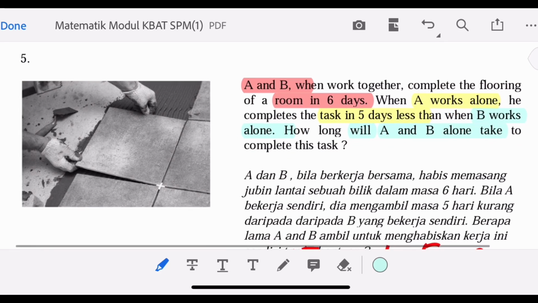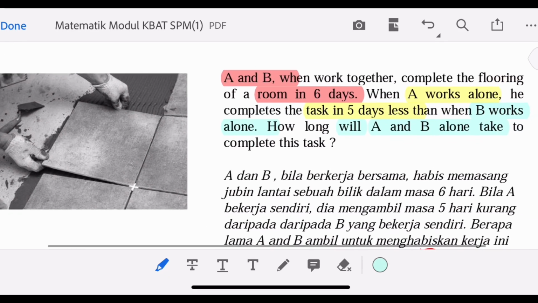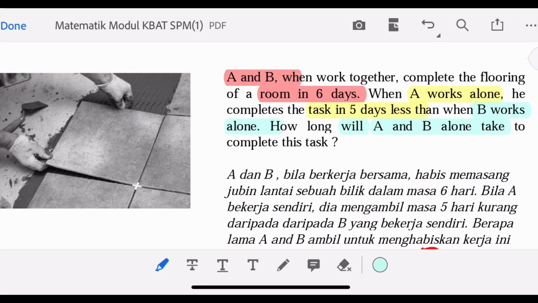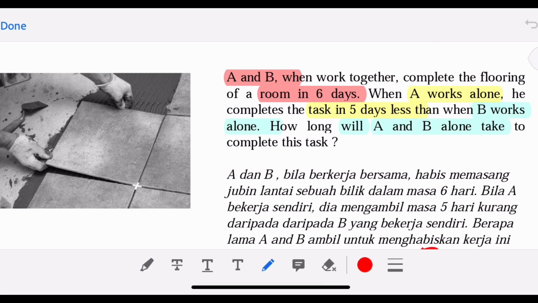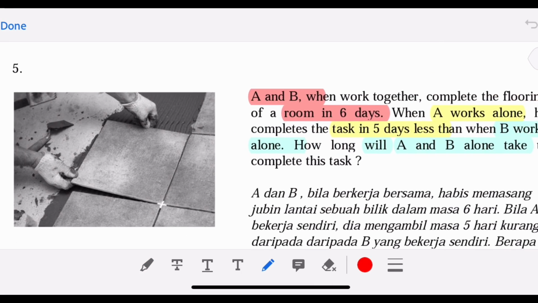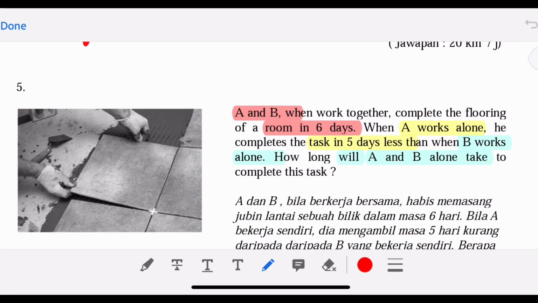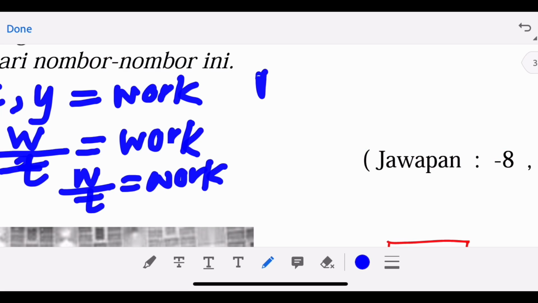So how to do a question like this? Now basically this is about the work and the number of days. If two people together, the time is 6 days. If A alone, compared with B, the timing for A is t minus 5.